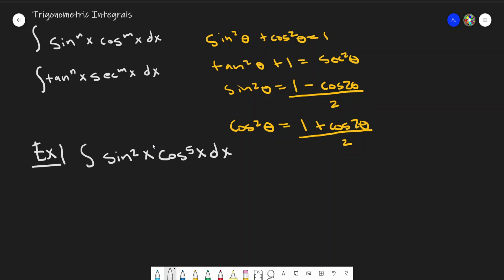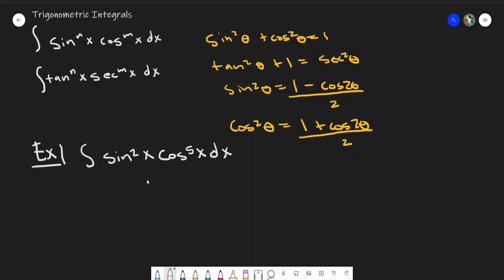So what we can do, probably, is remove a sine. If we remove a sine, will that help us? It may, but then we have to consider what would be our u.